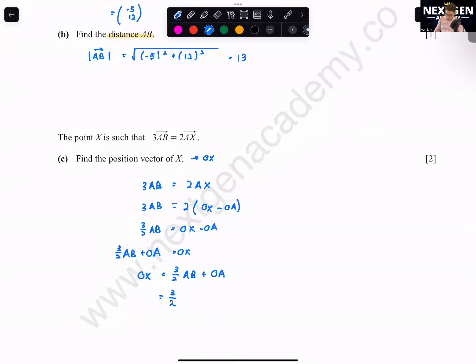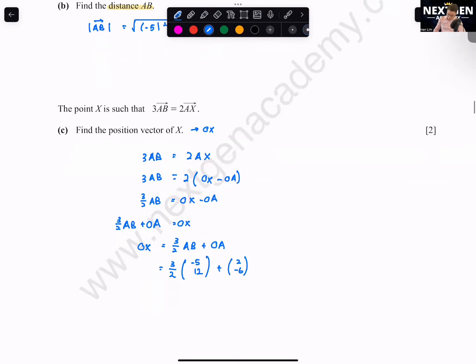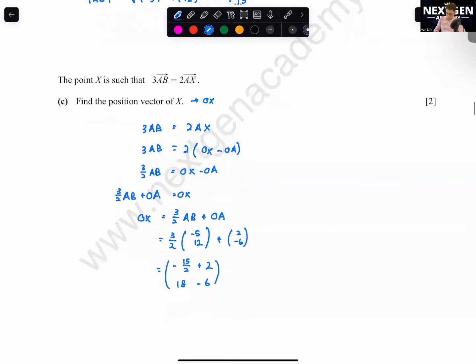So 3 over 2 (negative 5, 12) plus (2, negative 6). Substitute it in. So you get negative 15 over 2 plus 2, and here 18 minus 6. And you'll get here (negative 11 over 2, 12).